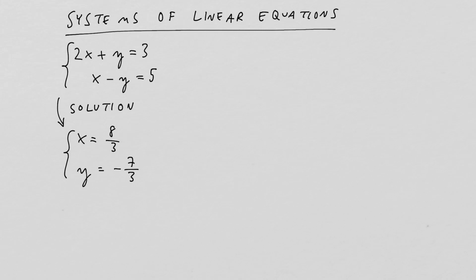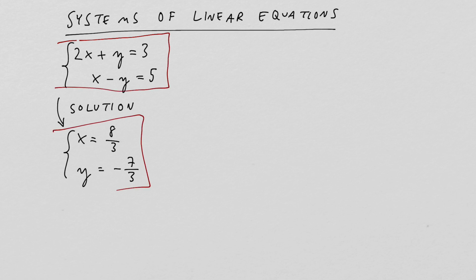In the previous video we saw that for this system of linear equations the solution is this specific value of x and value of y. What's the meaning of this?